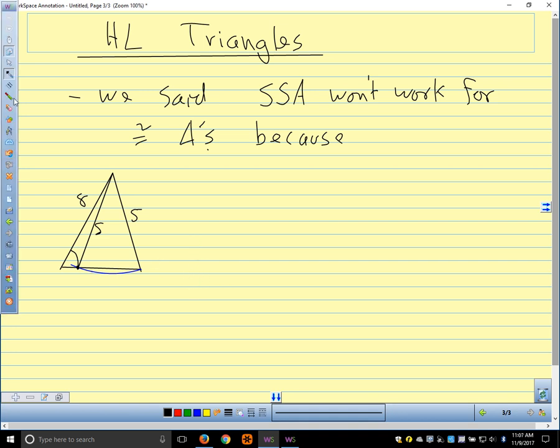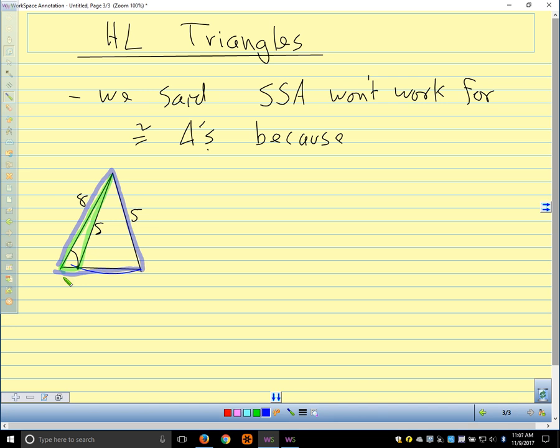So now I have this little green triangle, this one, and this big blue triangle, this one, that both have this angle, one side 8 and one side 5.